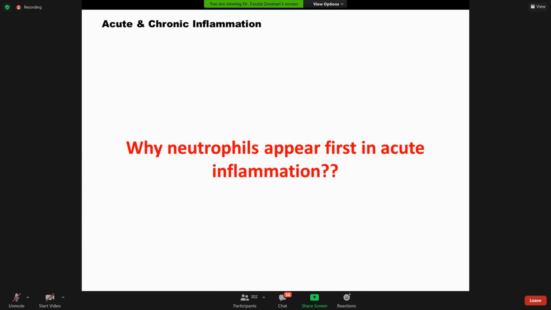That's why they are more frequently found in acute inflammation, and the most important thing is that they are short lived. They can't live for a longer period of time. That's why once the acute inflammation changes into chronic inflammation, they completely die.